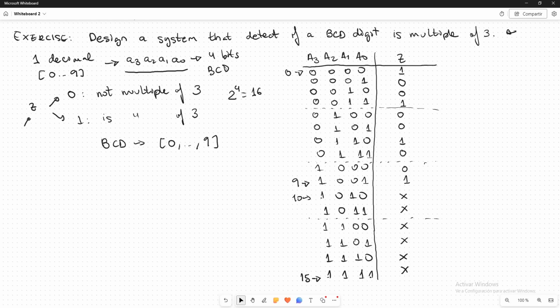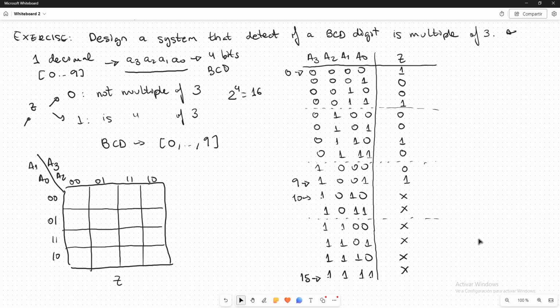Okay? So this is our truth table. We have one output, so we are going to build one Karnaugh map. So the Karnaugh map is this. Well, just give me 1 minute and I draw the Karnaugh map. So we have here the Karnaugh map. I'm going to fill the Karnaugh map using the values of the truth table.